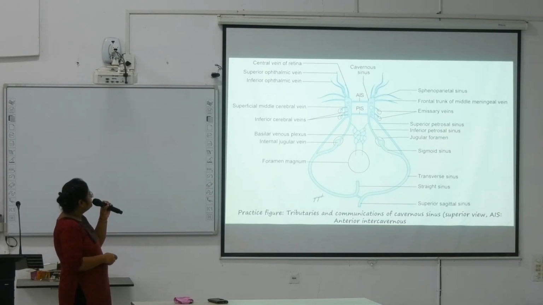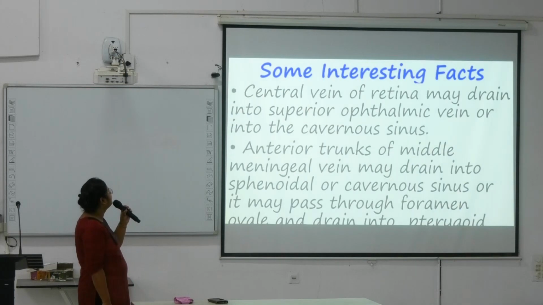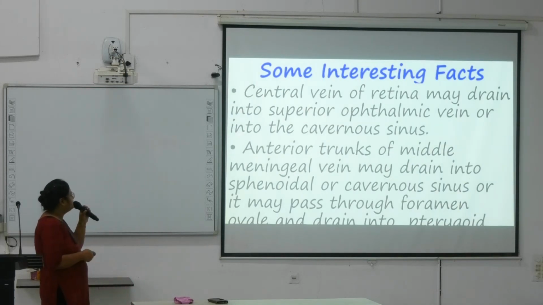And see, these are the pterygoid venous plexus, superior petrosal sinus, inferior petrosal sinus, frontal trunk of the middle meningeal vein, sphenoparietal sinus, superior and inferior ophthalmic veins coming from the orbit, and also the inferior cerebral veins draining into the sinus. The central vein of the retina may drain into the superior ophthalmic vein or into the cavernous sinus.